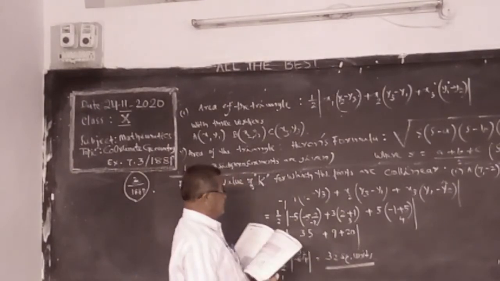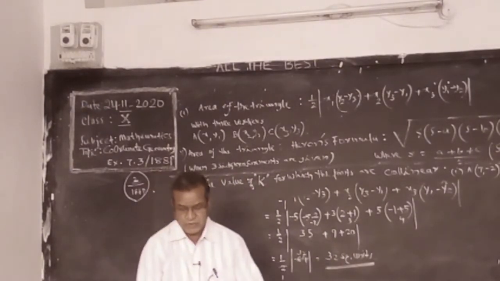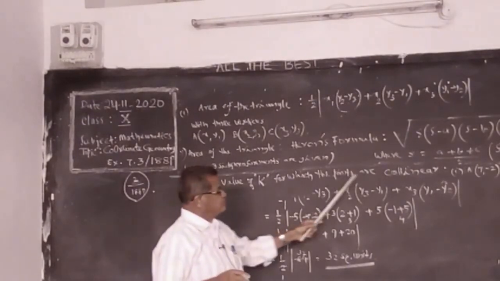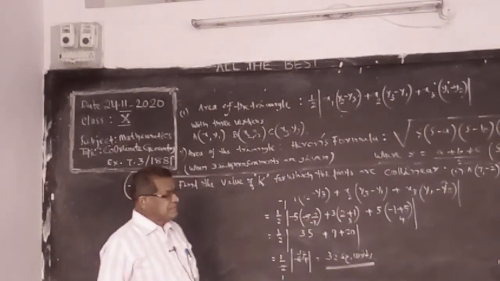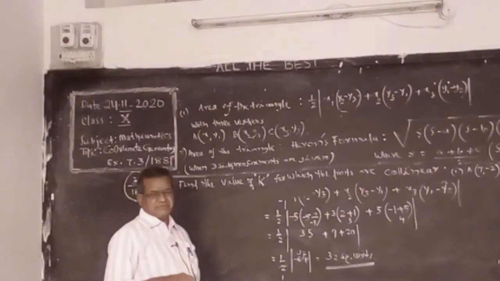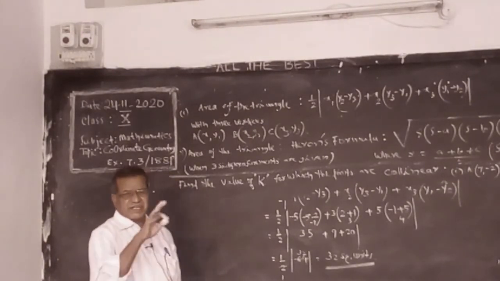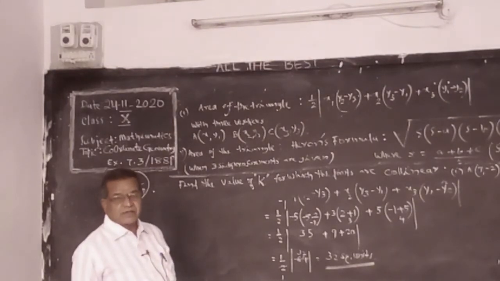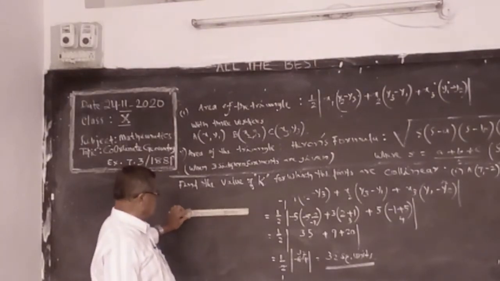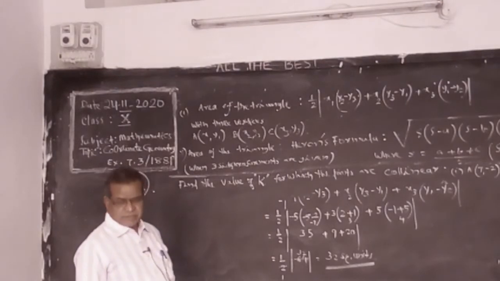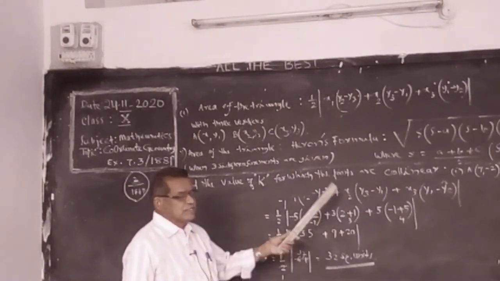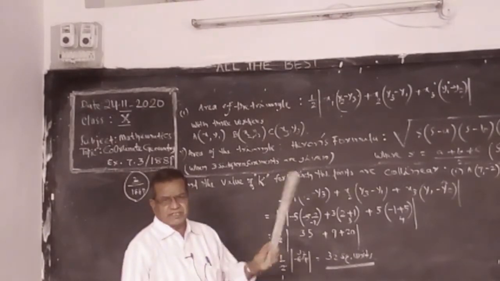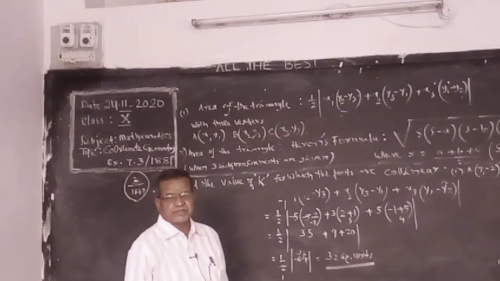Collinear means the points lie on the same line. If the points lie on the same line, the points are called collinear. That means there is no formation of triangle, no third vertex.